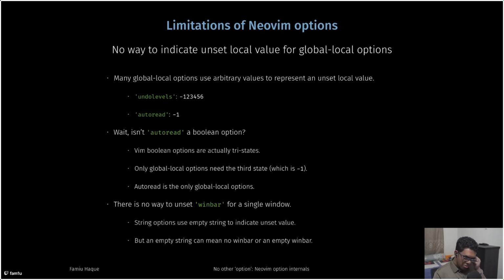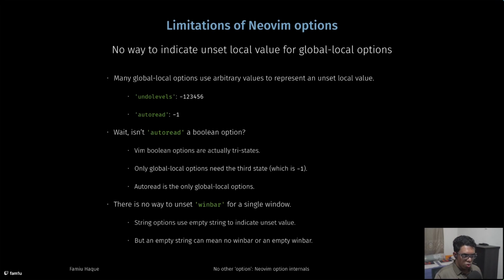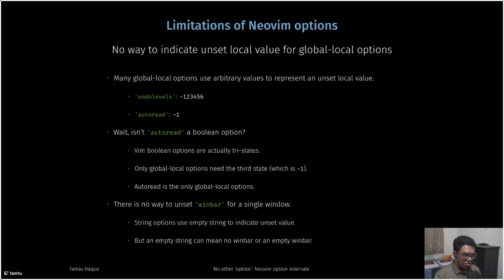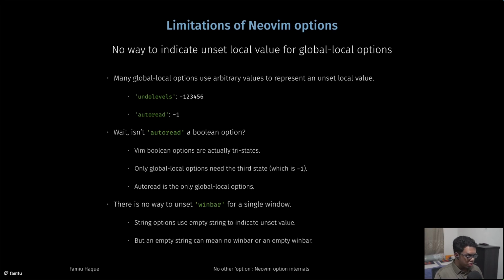The behavior we decided on is that when the global value is empty, it disables winbar for all windows. But when the local value is empty and there's still a global value, we just use the global value instead. So we can't disable winbar for a single window, which I know is annoying. I find it annoying myself, and I've wanted to fix it for a while, but unfortunately, with how options are structured, there's no way to fix it yet.